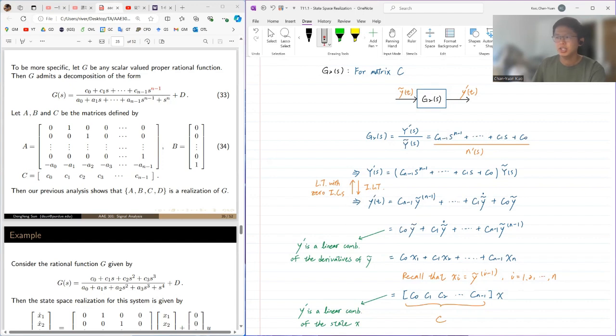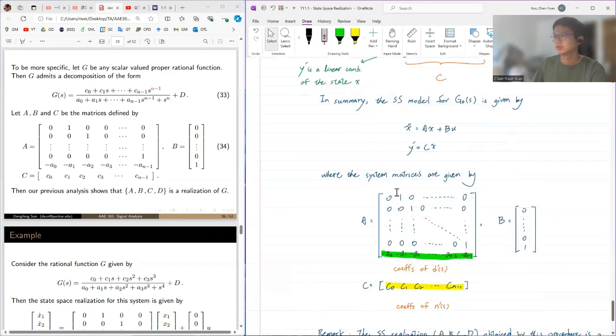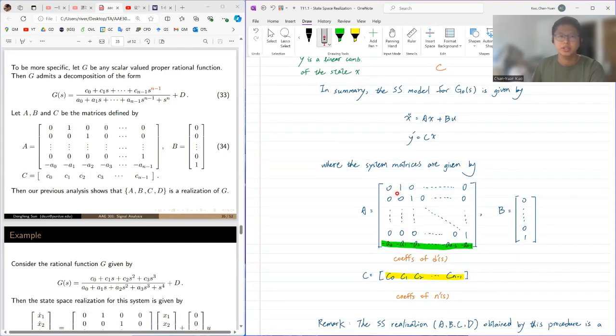Therefore, y prime of t can also be expressed as C times x, which is a linear combination of the state variables. At this point, we have obtained the matrices A, B, and C, which are the system matrices associated with the state space model for the system described by the transfer function G0 of s.